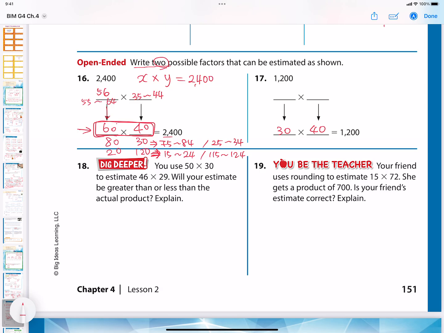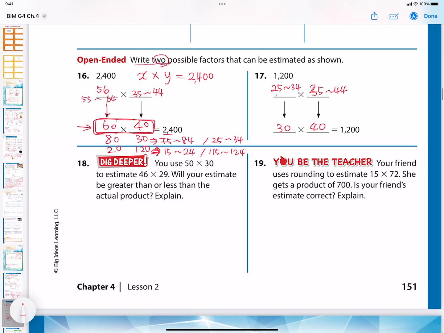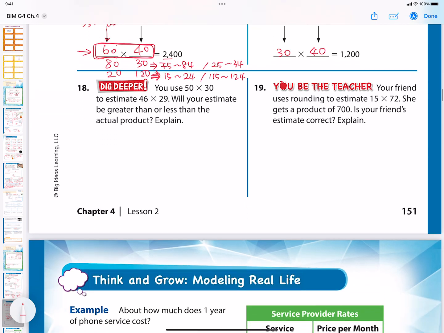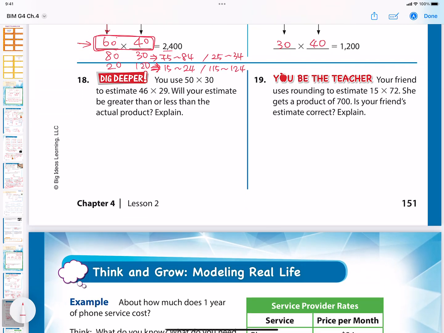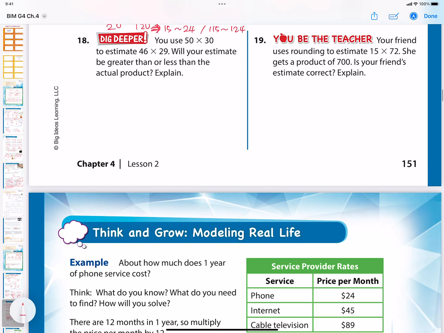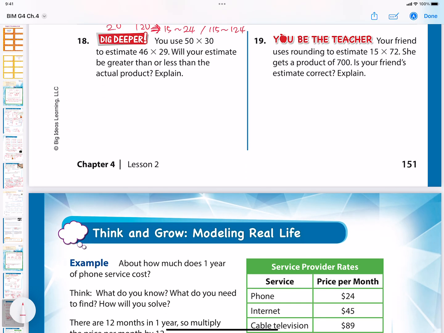Or 60 and 20. So I'm going to say it's going to be 25 through 34. Any number in between is correct. And 35 through 44, any number in between these, you're correct. All right. If you have any more questions, please ask me when I go over it in class time. All right, number 18.